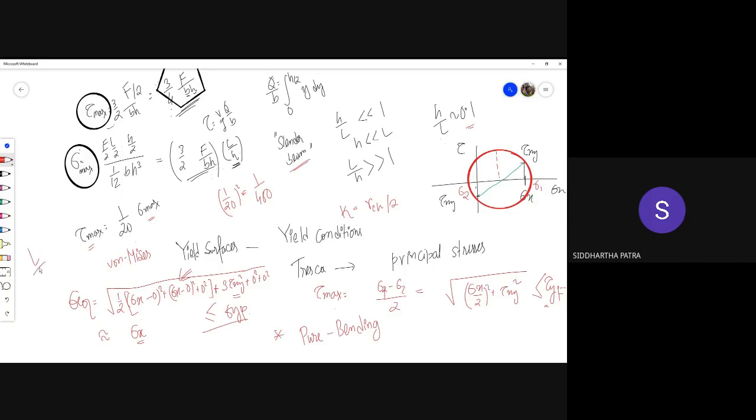You divide the length of the column by that radius of gyration, and then you compare. I'm not going into that slenderness ratio. I'm just going to the comparison that for a slender beam, where the height and the width of the beam are much smaller compared to the length, do you agree that for all intents and purposes I can neglect the shear stress due to bending from my calculations?